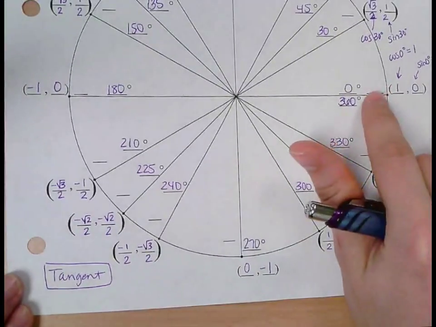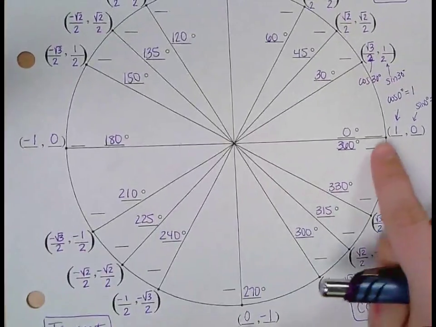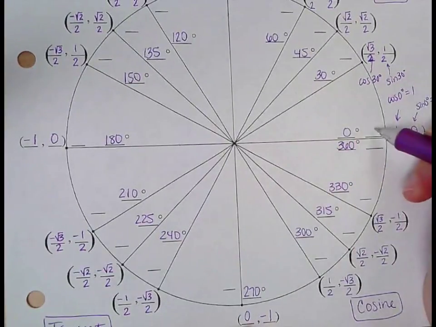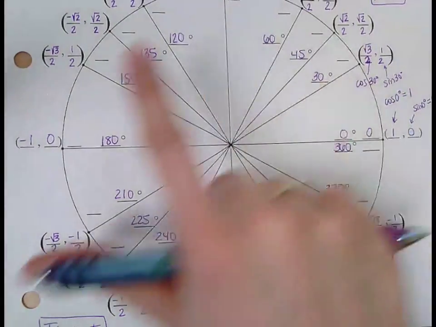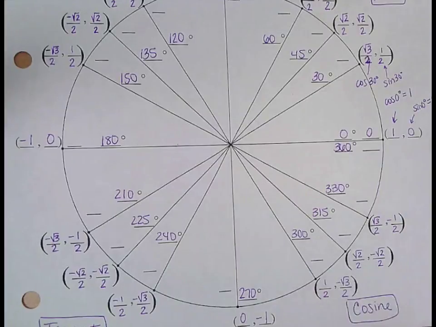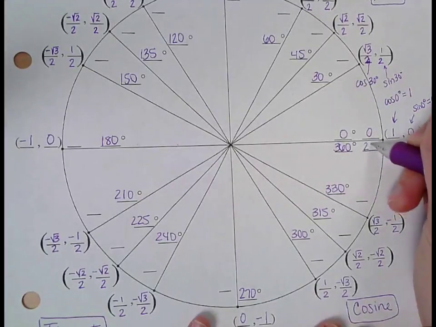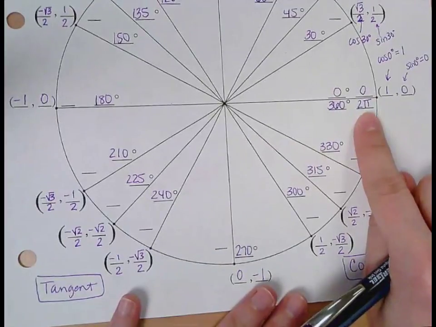So in these other blanks by the degree measures, we're going to put the radian measures. So next to 0 degrees, I know that's 0 radians. How many radians if you go all the way around? 2 pi. So 360 degrees is 2 pi radians.